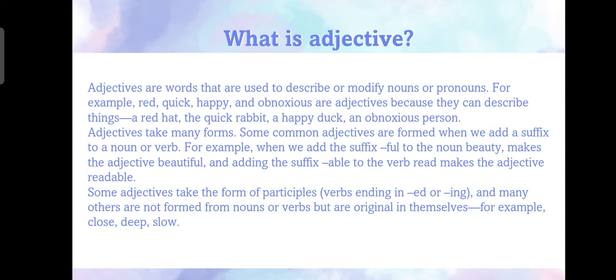Some adjectives take the form of participles, or verbs ending in -ed or -ing, and many others are not formed from nouns or verbs but are original in themselves. For example, close, deep, and slow.